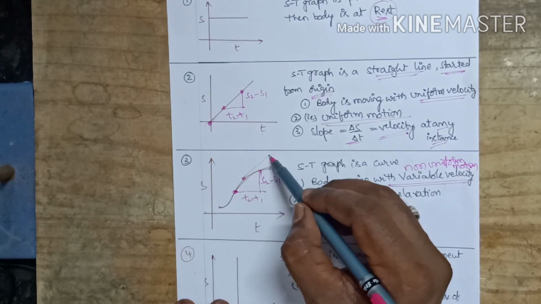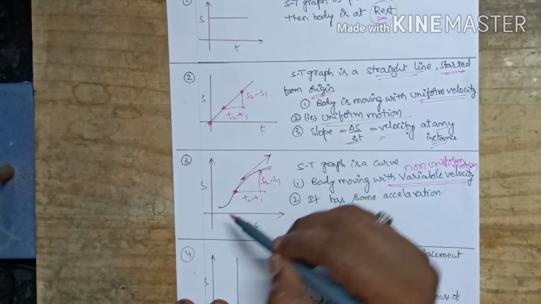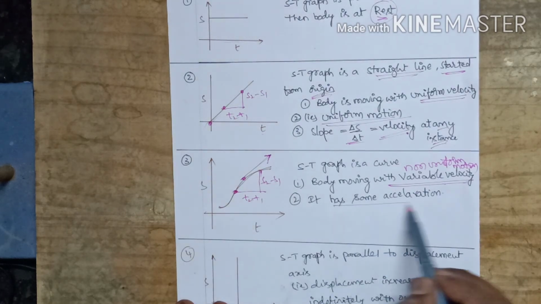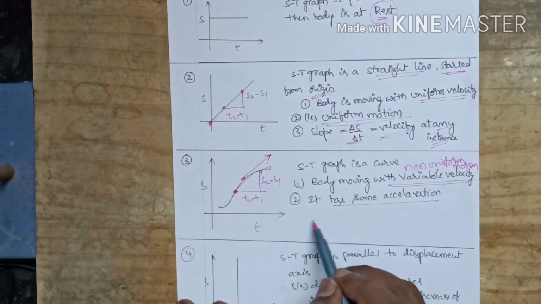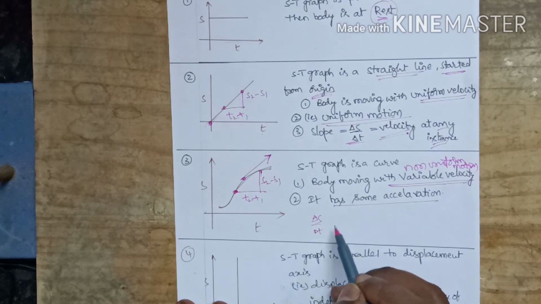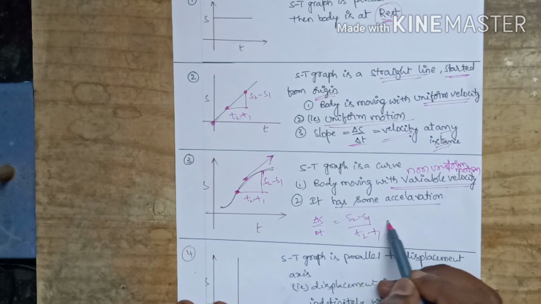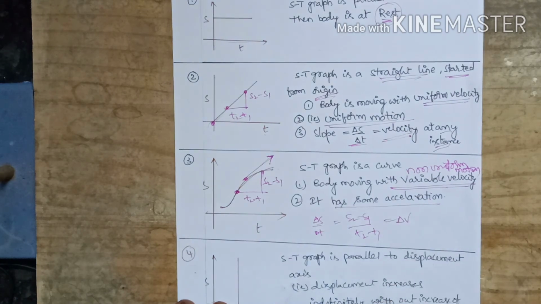If you draw a tangent here, it shows the velocity. This means the tangent drawn to the curve at any point gives the direction of velocity. So it has some acceleration. Here also the slope, delta S by delta T, is S2 minus S1 by T2 minus T1, that is equal to delta V.